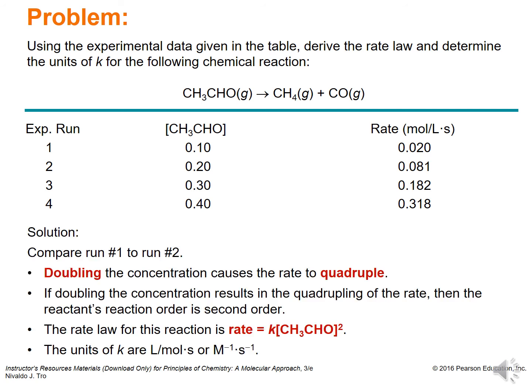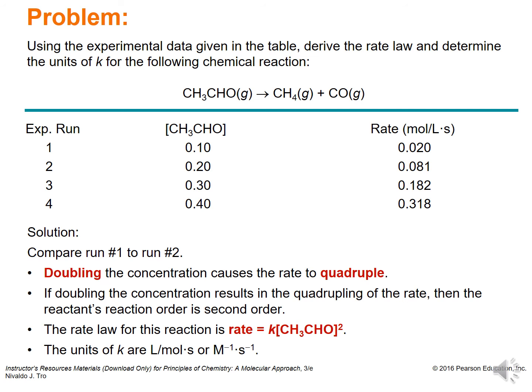Well, we take a look. The first 2 reaction runs are probably the easiest to compare. We take reaction 1, where it's 0.10 molar concentration of reactant and a rate of 0.020 molar per second. Compare that with reaction 2, where we have 0.20 molar reactant concentration and 0.081 molar per second rate. We've roughly doubled the reactant concentration, and we've roughly quadrupled the rate there.